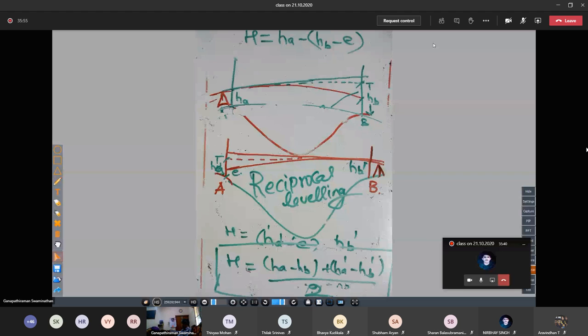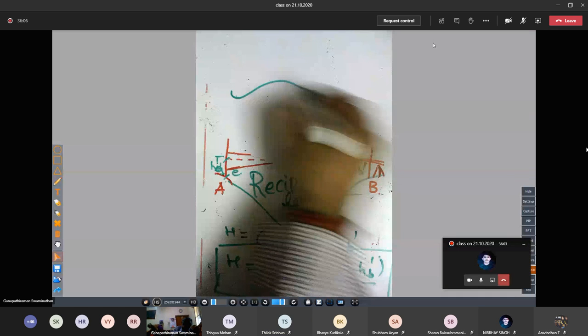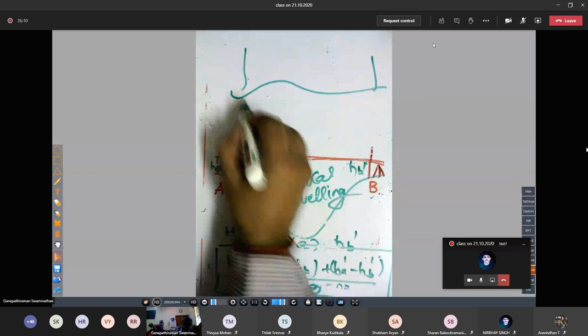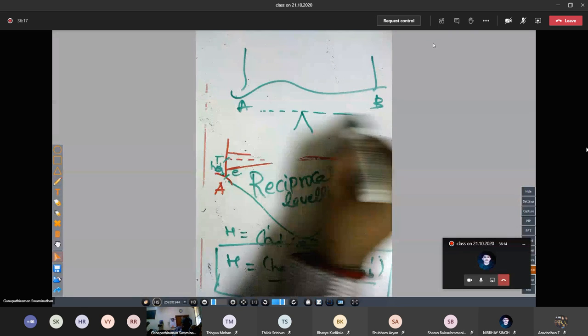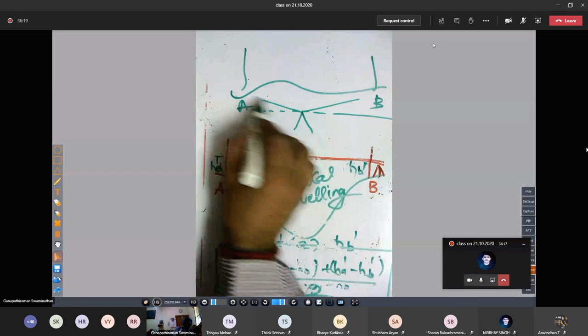The question clear? Can I rub this? I have 2 points, A and B. I have got an instrument. It has got a line of sight inclined.